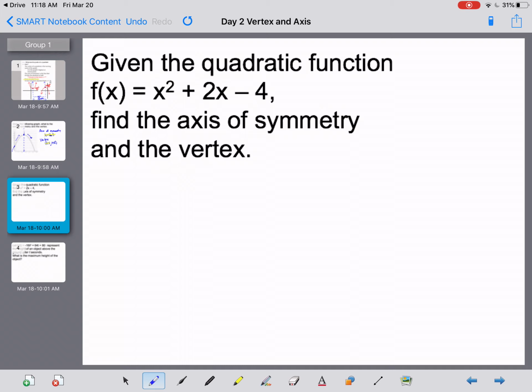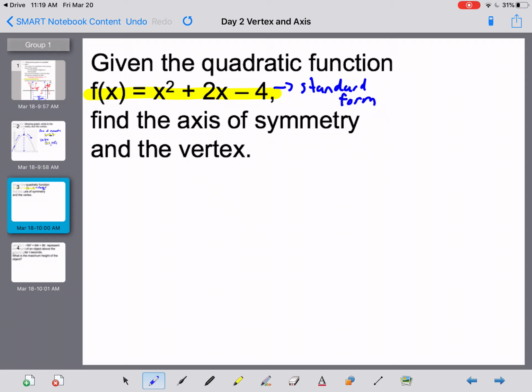Given the quadratic function f of x equals x squared plus 2x minus 4, find the axis of symmetry and the vertex. Take a second to copy down the question. This quadratic function, this is in standard form.